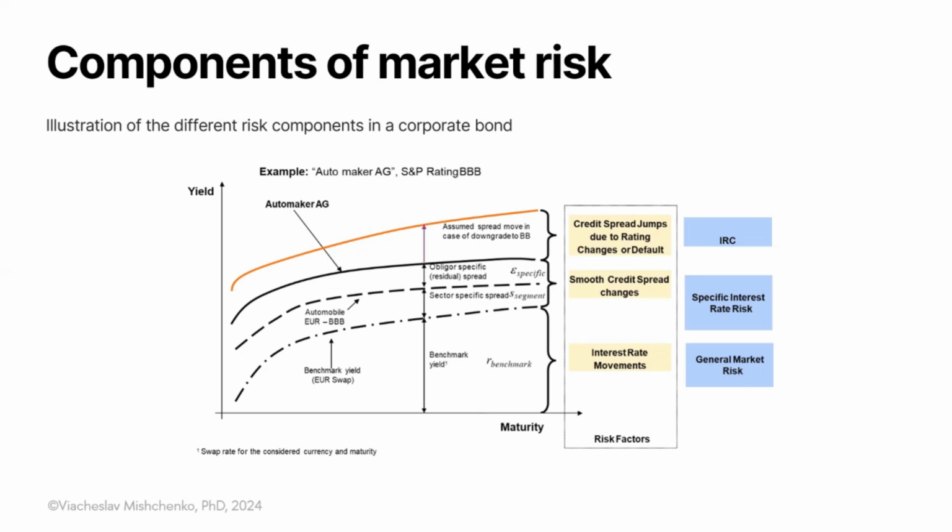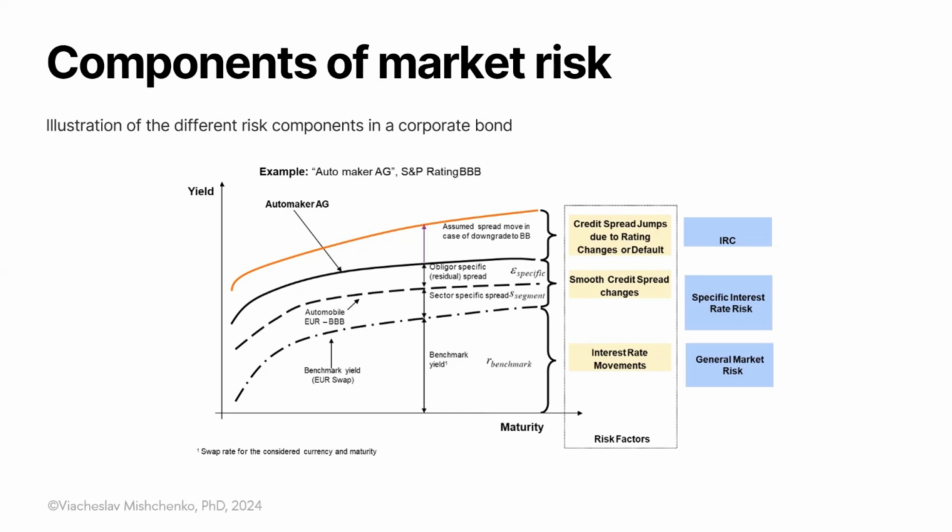For example, there may be a much higher level of general risk influence on the equity price, but there may be much less spread for the credit risk. Yeah. And generally speaking, this breakdown helps us to understand and to manage different risk components.